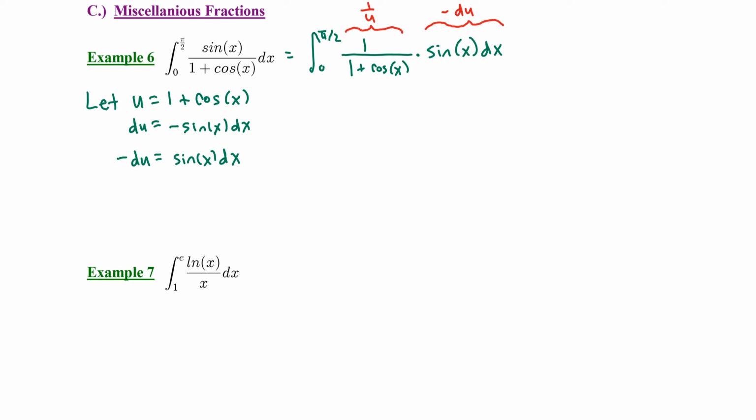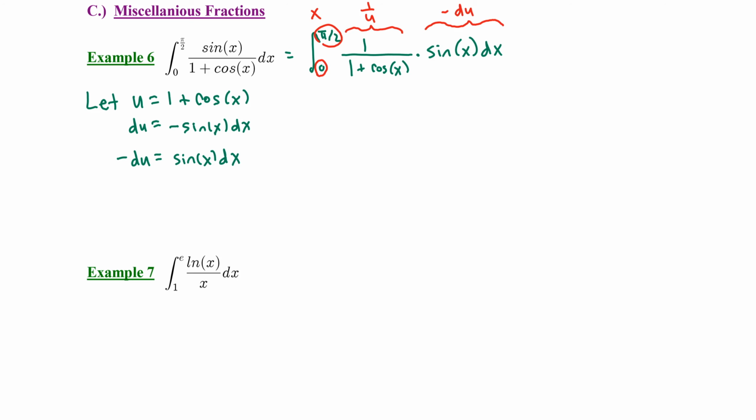Okay? Now, again, we have the case of a definite integral. 0 and pi over 2 are x values only. So when I rewrite this in terms of u, I cannot plug 0 and pi over 2 in for u. Those can only go in for x. So here's an alternate approach to what we did previously.